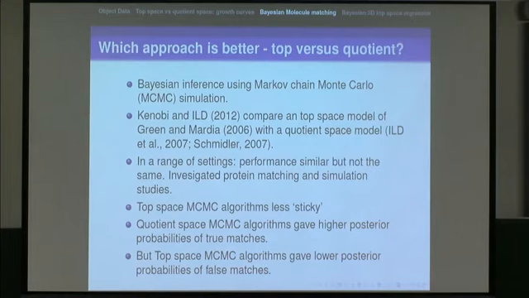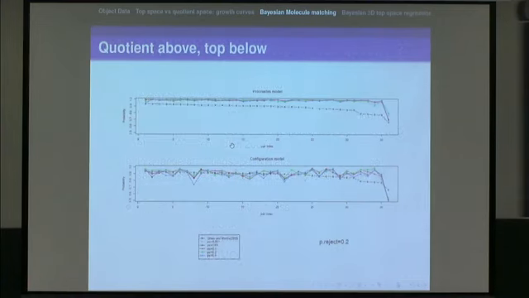However, if you did get it right, the quotient space model got much higher posterior probabilities of true matches, which is a good thing. But also, the top space model gave a lower posterior probability of a false match, which is also a good thing. So there's a picture which just summarizes this briefly.